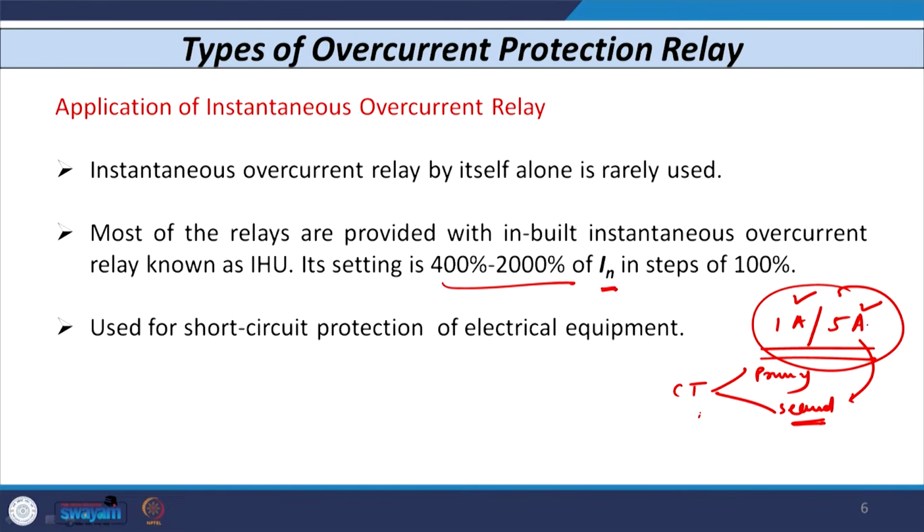So, if I have a 1 ampere CT secondary, then I have to connect a 1 ampere rated current relay. If I have a 5 ampere CT secondary, then I have to connect a 5 ampere rated current relay. It is not possible to connect a 5 ampere rated current relay with a 1 ampere CT secondary; it is normally not done.